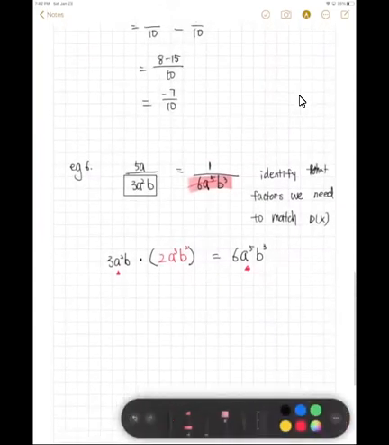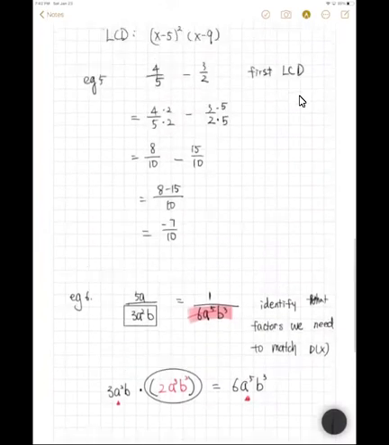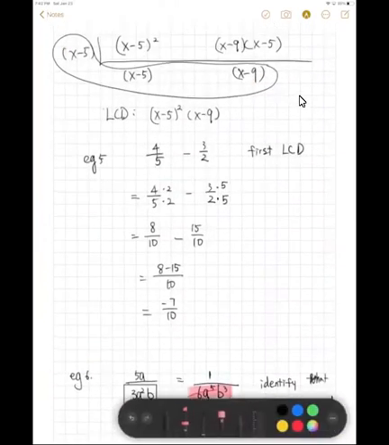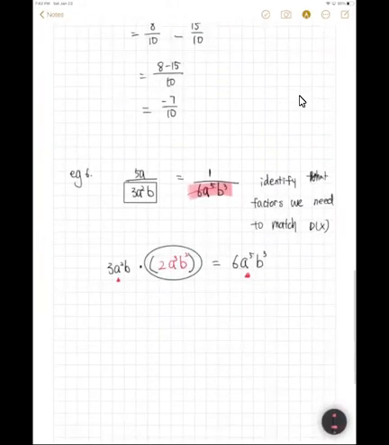But when you multiply this part, 2 times a cubed b squared, you need to multiply the top and bottom. Like our example here, you need to multiply the denominator and the numerator.